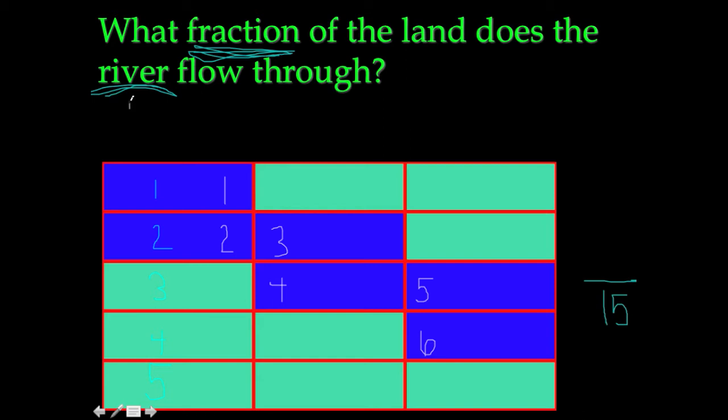So the river makes up 6. The river covers 6 pieces in our whole big rectangle. So the fraction is 6 over 15. Okay? So the river flows through 6/15 of the land.